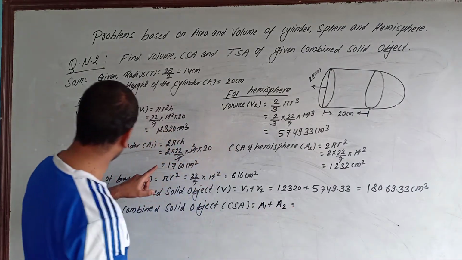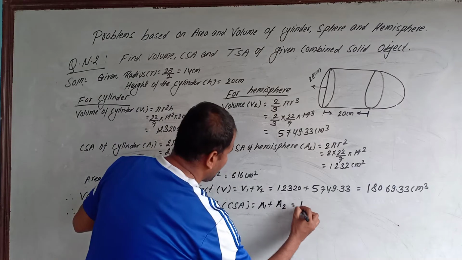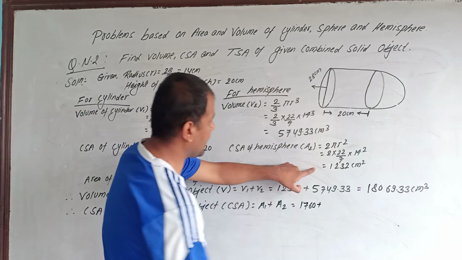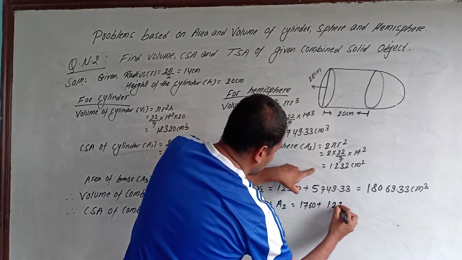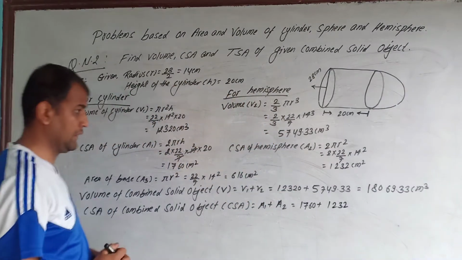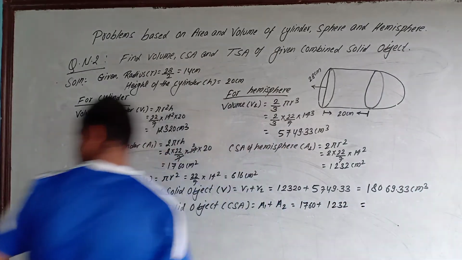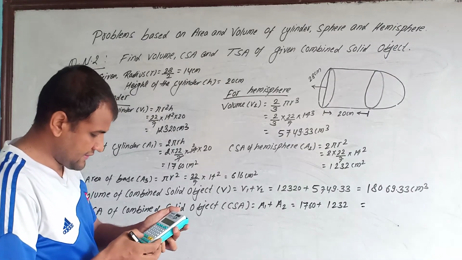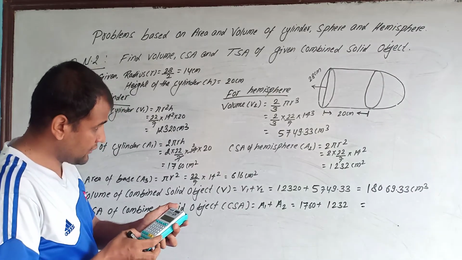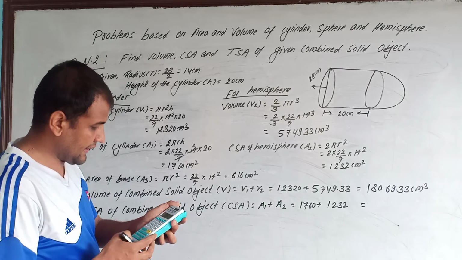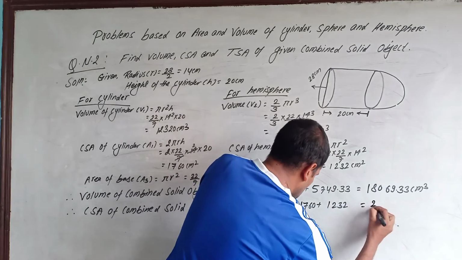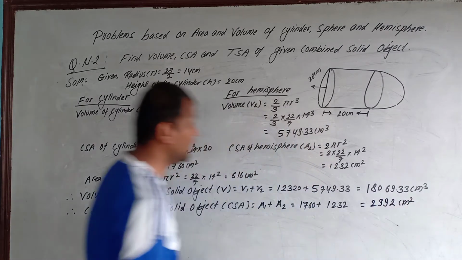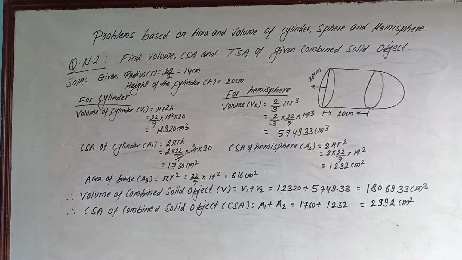That is equal to curved surface area of cylinder 1760 plus curved surface area of hemisphere 1232, that is equal to 1760 plus 1232, that is equal to 2992 centimeters square, is the curved surface area of the solid object.